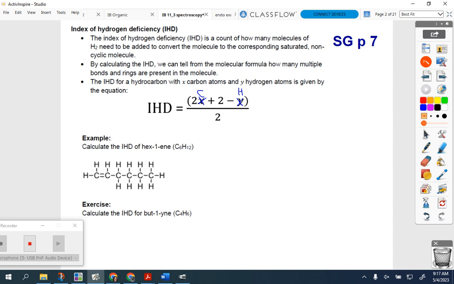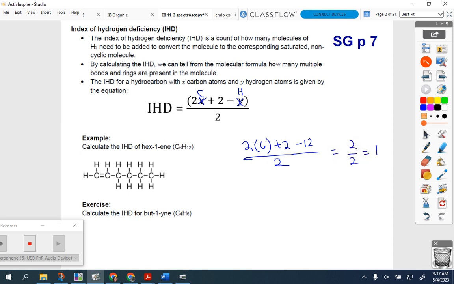So here's this substance, and we've got 1, 2, 3, 4, 5, 6 carbons, which you can also get directly from the molecular formula. And we've got 12 hydrogens. So if we plug this in, we've got 2 times 6 plus 2 minus 12, divided by 2. So we've got 12 plus 2 minus 12, divided by 2. That's going to give us 2 over 2, which is going to give us 1.